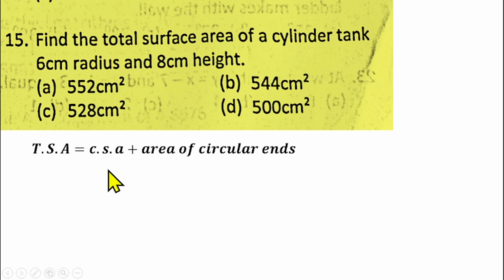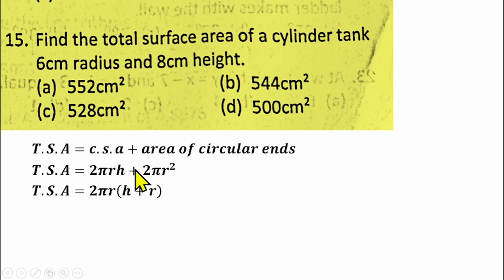So the total surface area will be the curved surface area plus the area of the circular ends, or the closed ends. The curved surface area of a cylinder is 2 pi r h, plus the area of the two circular ends, that will be pi r squared plus pi r squared, and that will give us 2 pi r squared.